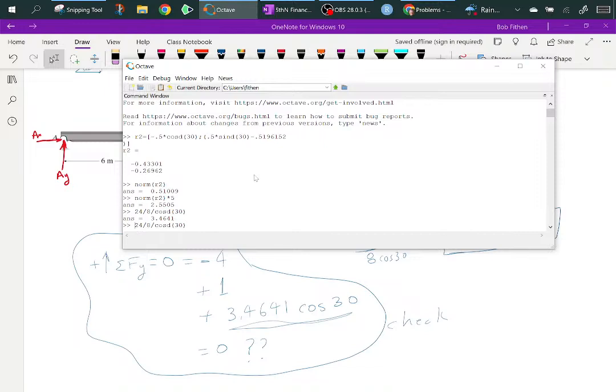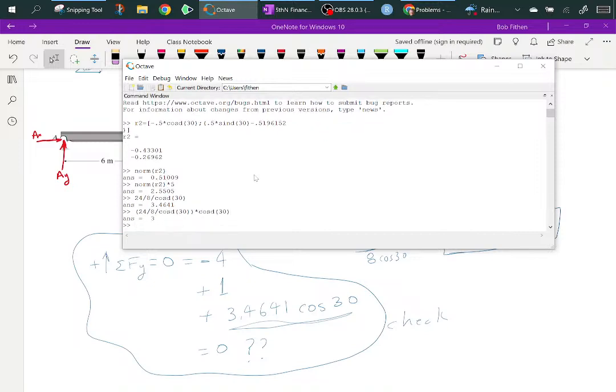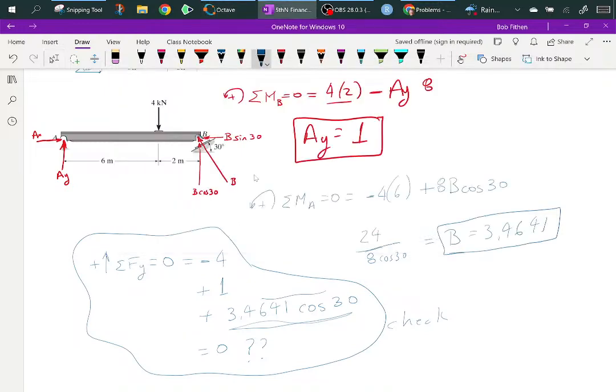Since I know that's going to be the value, then I'm... Sorry. Times cosine of 30 gives me back a value of 3. So in fact, this value is in fact 3, and therefore 3 plus 1 minus 4 is in fact equal to 0. So this says it checked out. The B is actually that. That's correct.